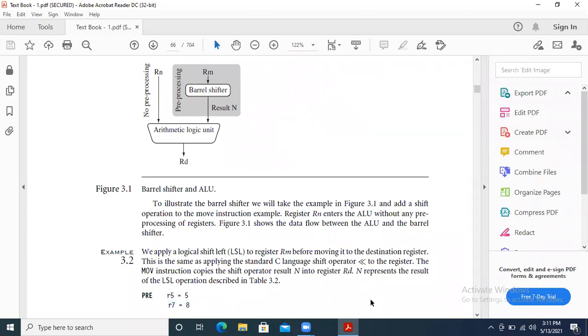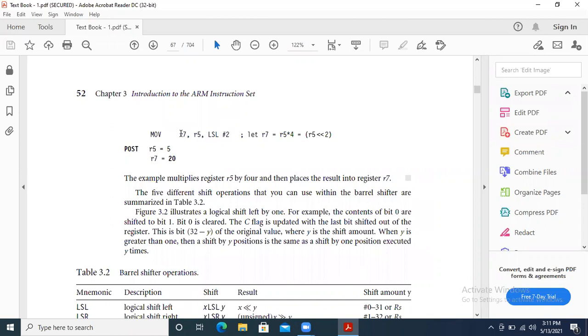So first, okay, this is my instruction. I'm taking move, then R7 comma R5. This is called a barrel shifter. LSL means logical shift left, nothing but I'm shifting towards the left side.